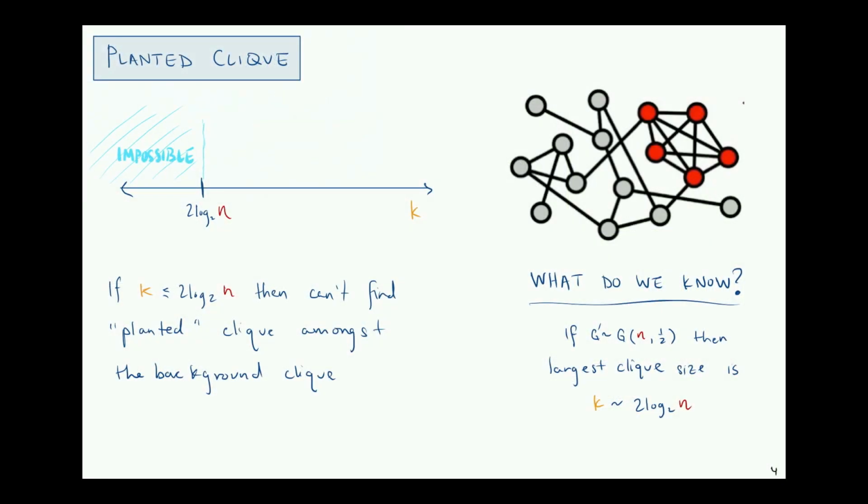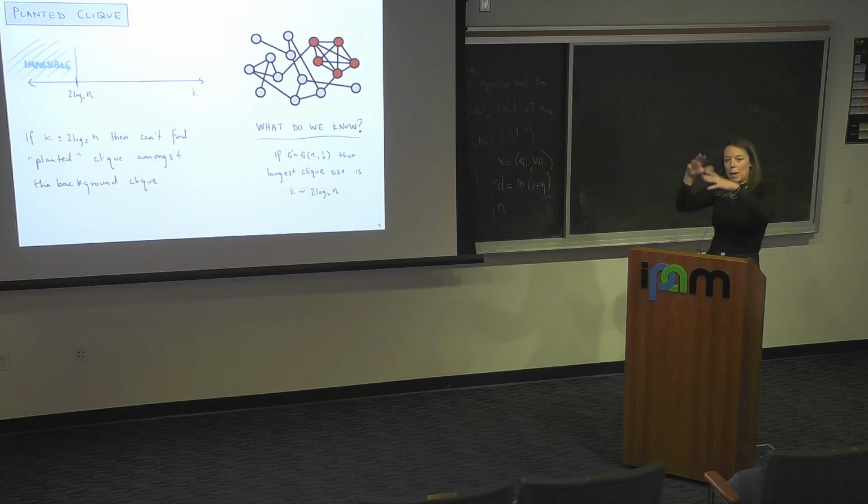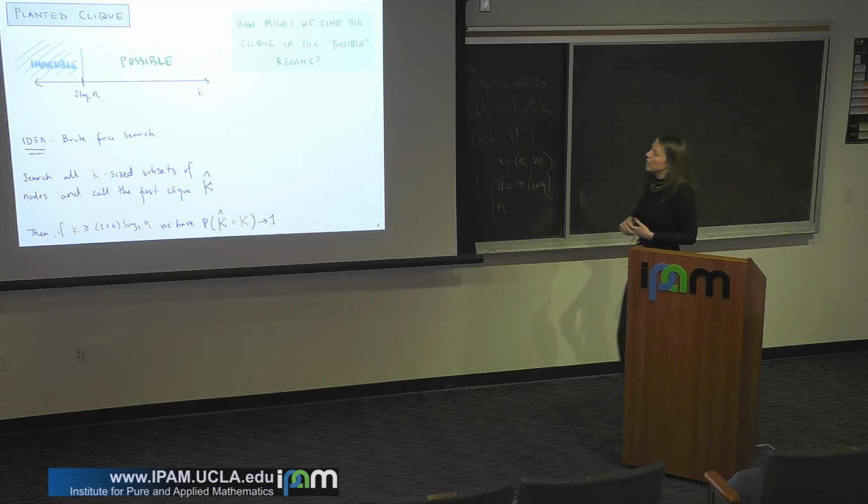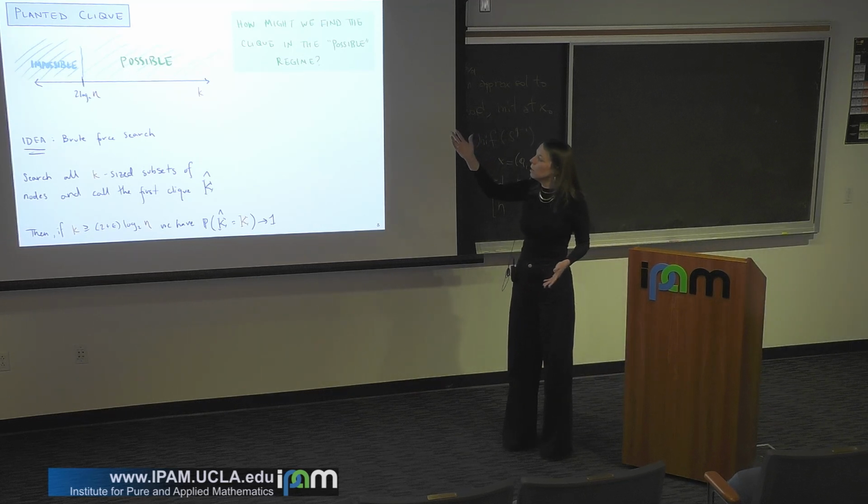What this suggests is that if the size of the planted clique is smaller than the size of the clique that would just be there in the Erdős-Rényi graph, we aren't going to be able to figure out which nodes are in the planted clique. So for this problem, that's an information theoretic limit. If our planted structure is smaller than the background random structure, we're not going to be able to find it. But an interesting question is what can we do in this regime where we at least believe it's possible to find the planted structure?